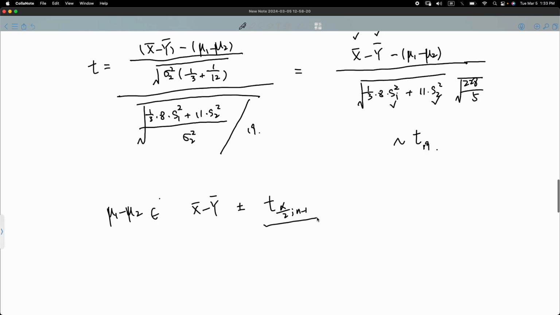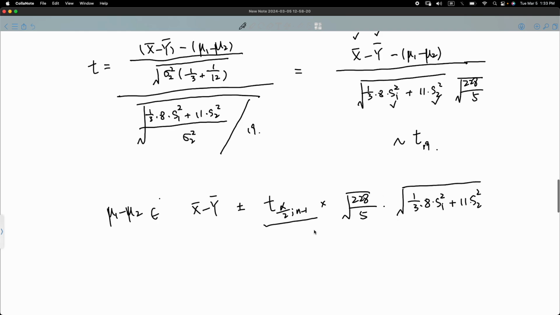So this is the quantile from the t distribution multiplied by the standard error. So the standard error is the 228 over 5 square root of that 1/3 multiplied by 8 s1 square plus 11 s2 square.